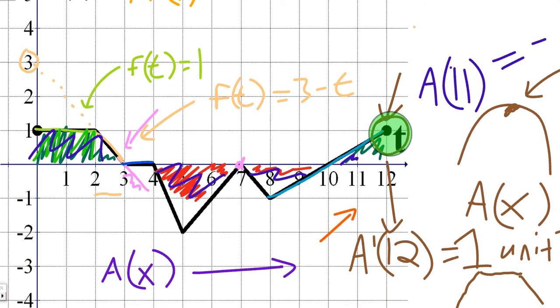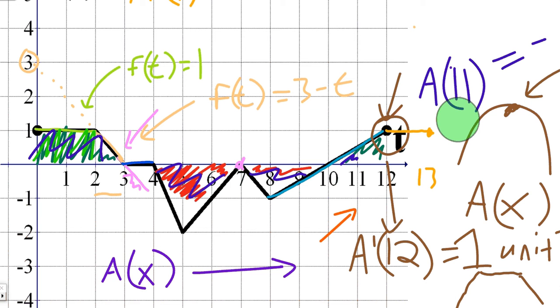So here's the first way I like to explain it. Suppose the graph just remained at the y value being 1, or the f of t value being 1, and it just stayed that way forever. Well, you can see that for one unit change in t here, or x, we're going to increase the area by 1.